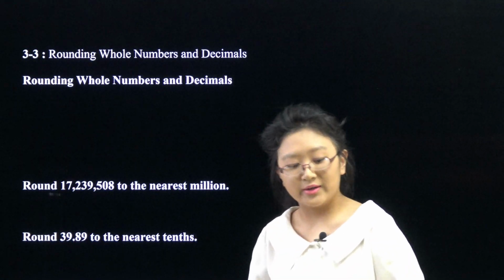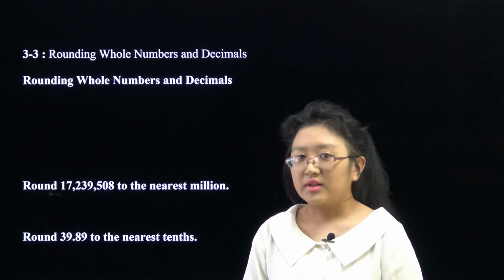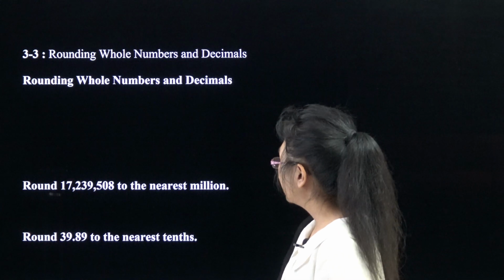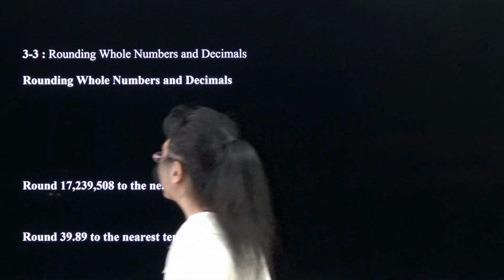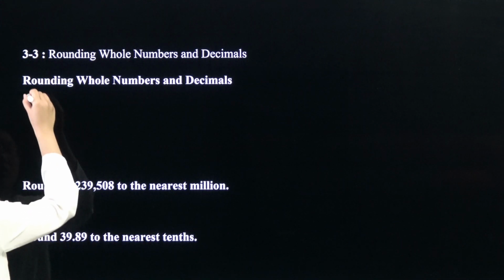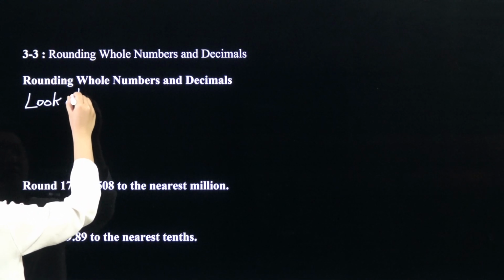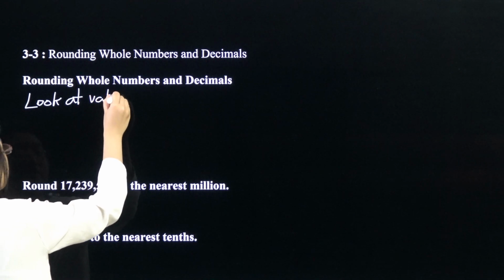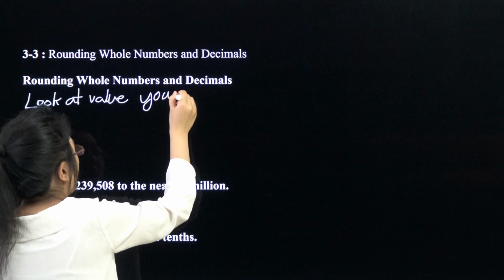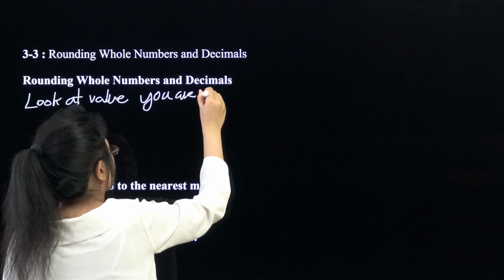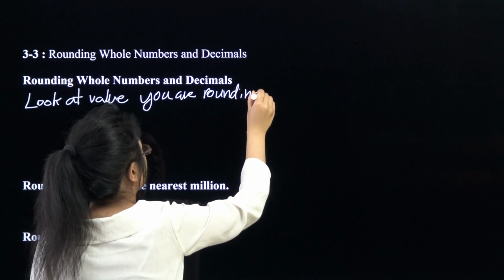And now we're going to do some rounding. We've gone over rounding before. So it's essentially, well, if I have to say it again, look at the value you are rounding to.